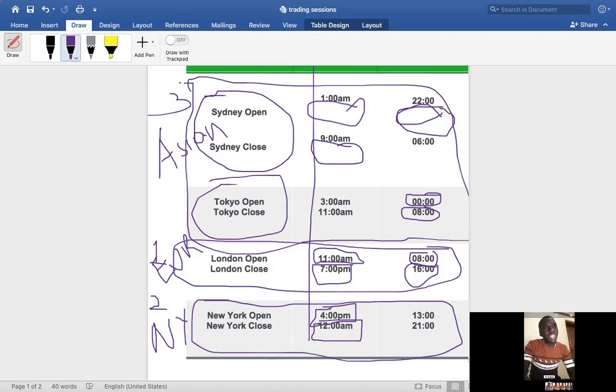So you realize that this market has a cycle, whereby it repeats non-stop, minus the market's closing. Are we together?